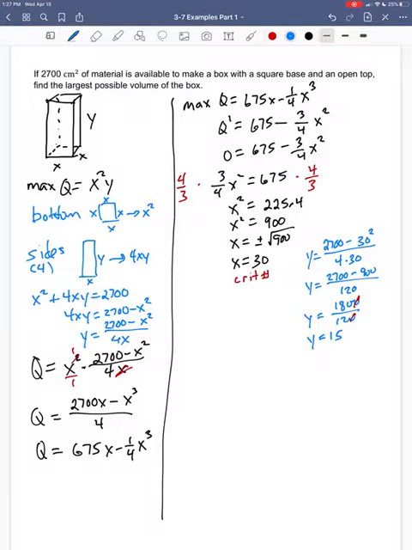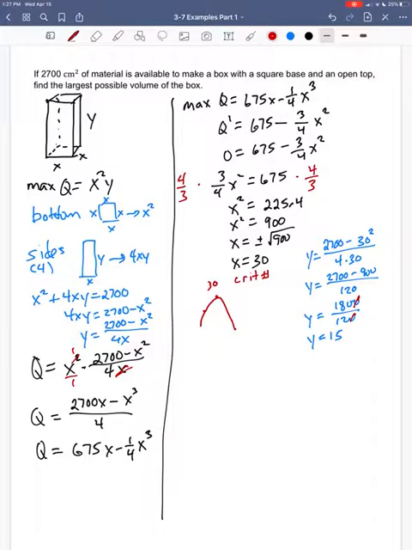And so what we need to do then is just verify that this is actually the largest possible volume of the box. To do that, I need to do a first derivative test here. If it's the largest possible volume, then if it's a maximum, I'm expecting something like this, where 30 would be at the peak.